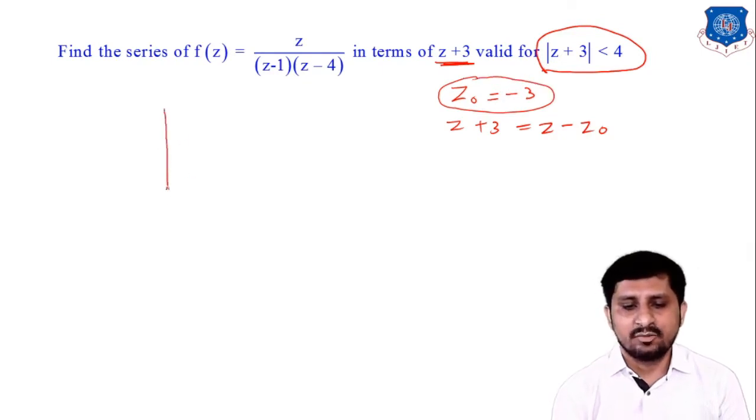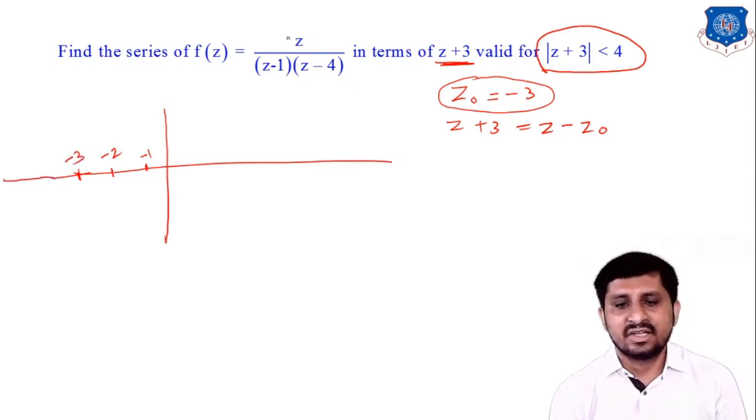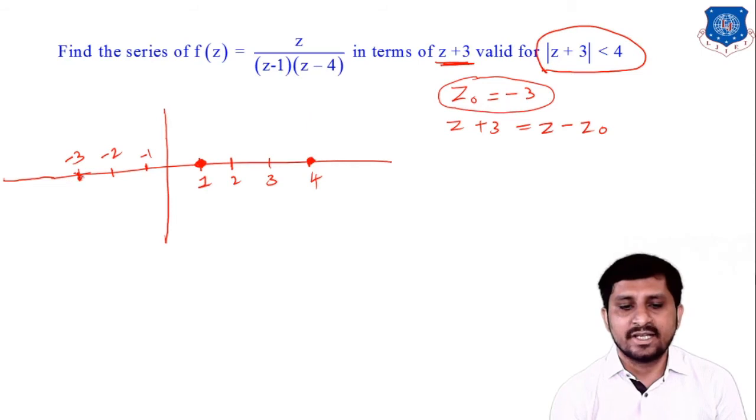Try to understand first of all why they give us this region. Suppose this is -1, this is -2 and -3. So -3 is the center, and clearly this function is analytic everywhere except at two points, 1 and 4, because at points 1 and 4 the denominator becomes 0. At these two points your function is not analytic, and the center point is -3.